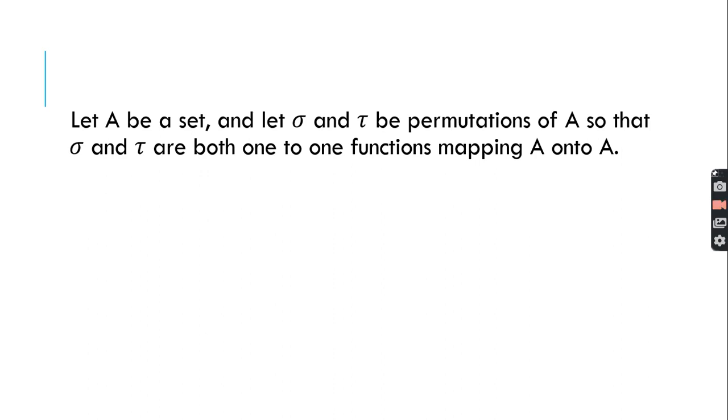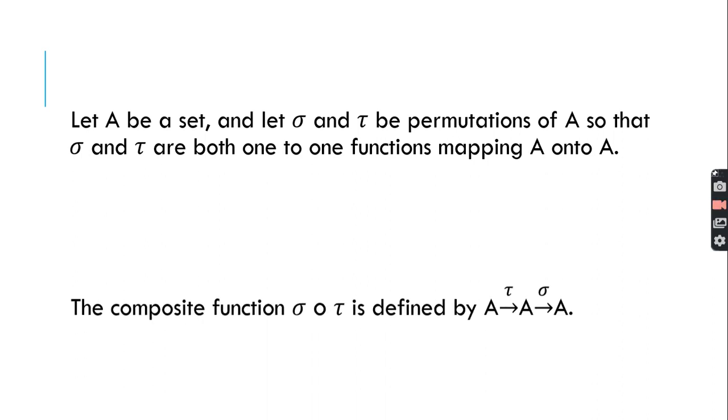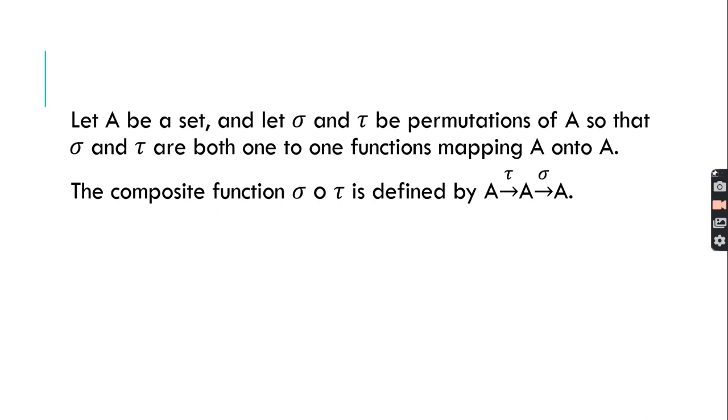Let A be a set, and let sigma and tau be permutations of A, so that sigma and tau are both one-to-one functions, mapping A onto A. The composite function sigma times tau is defined by the following schematic diagram. Take note that we need to apply tau first before sigma.